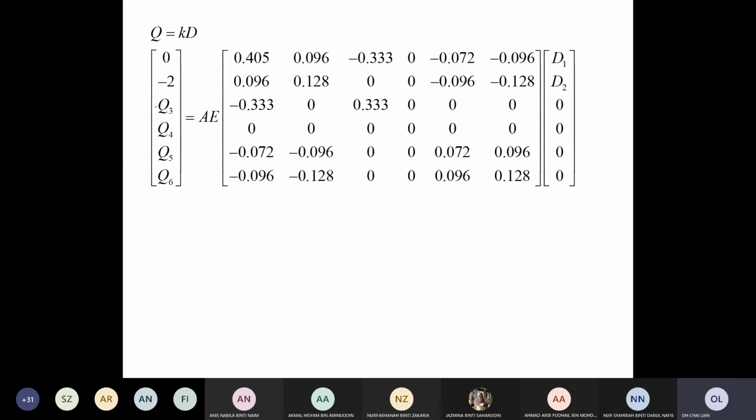This will be the one used to solve your D1 and D2.